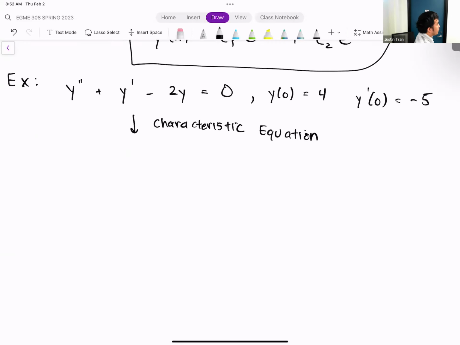To form it, you take your differential equation and replace the derivatives of y with lambda, where the power of lambda depends on the order of the derivative of y.